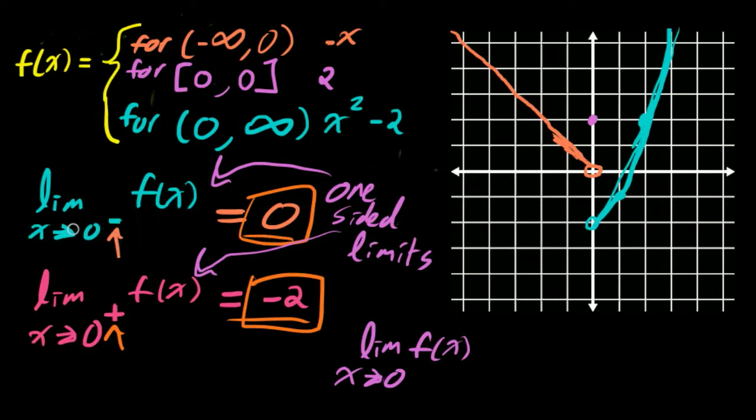If we were just to use this information, the limit as x approaches 0 from the negative side was equal to 0, and the limit as x approached 0 from the positive side was equal to negative 2.